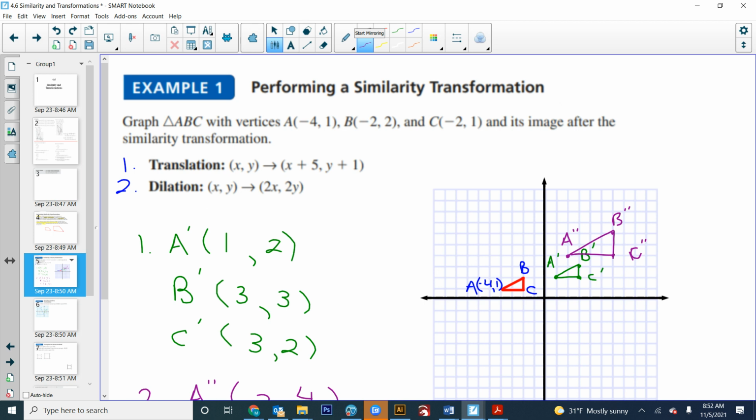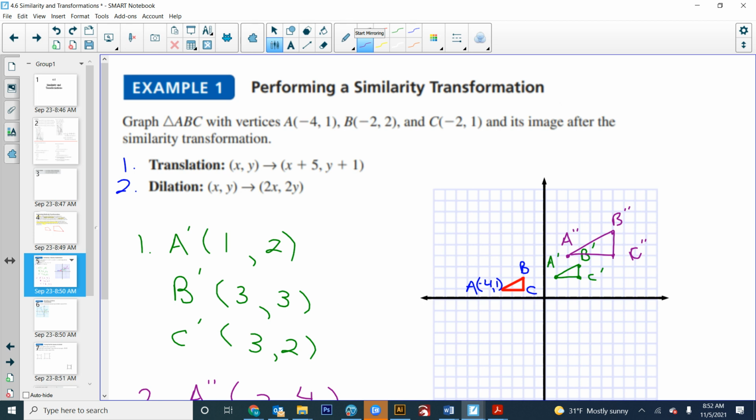This one's a little bit trickier. Let me start you out. Congruence transformations involve reflections, rotations, and translations. Similarity transformations involve, which one do they have to involve? Dilations.